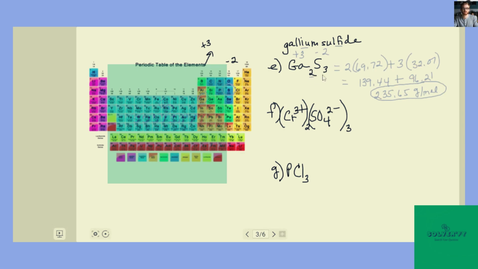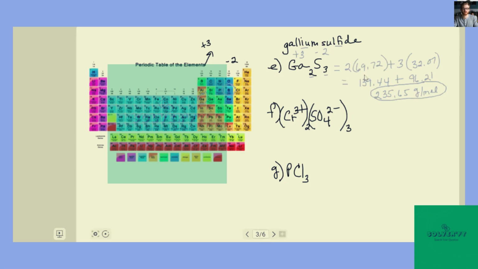So we just need to make sure our charges balance here. That's going to require 2 galliums, which give a +6 charge to the compound. 3 sulfurs is going to give us a -6 charge overall. So our charges will balance and we'll have 2 gallium, 3 sulfurs to accommodate for in the gallium sulfide overall formula. So we look up the molar masses for gallium.